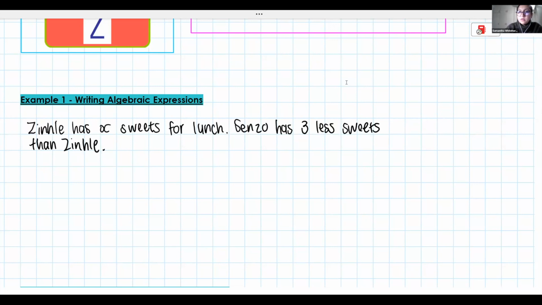And Bonolo has 3 times as many sweets as Senzo.